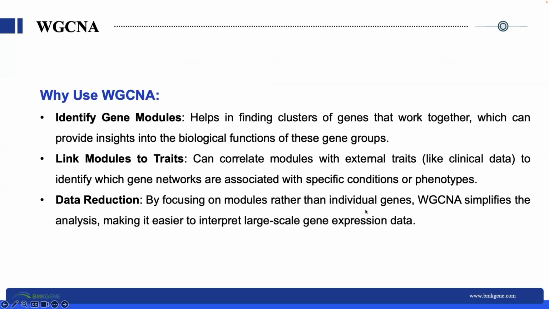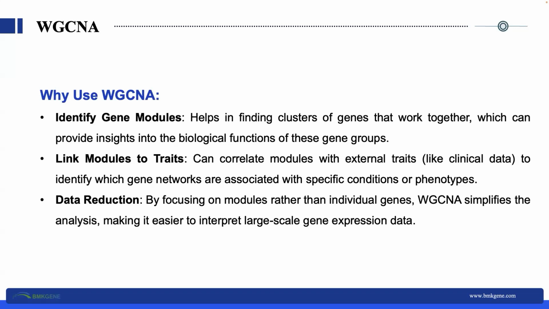So why do we use WGCNA? The first reason is to identify gene modules. WGCNA helps in finding clusters of genes that work together, which can provide insights into the biological functions of these gene groups. And reason 2 is to link modules to traits.